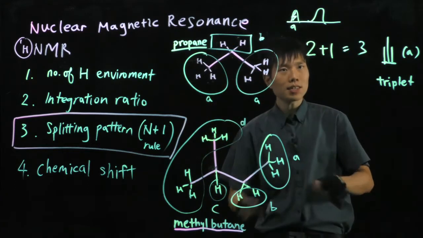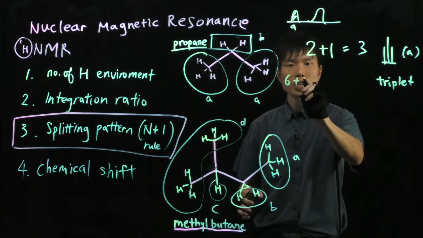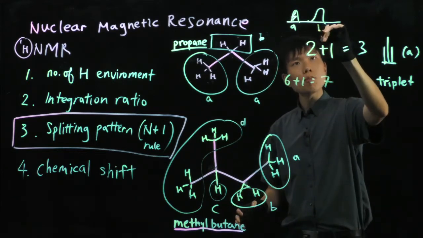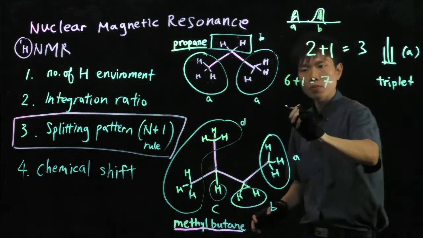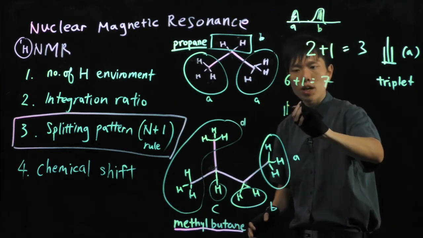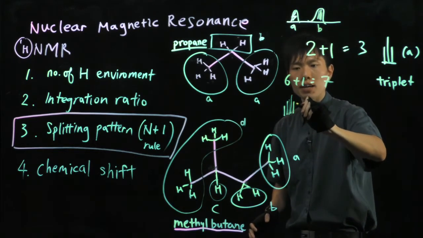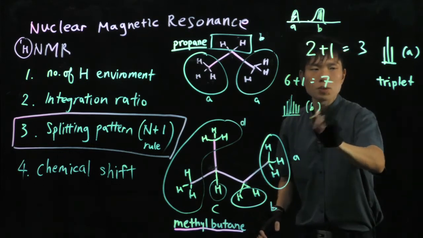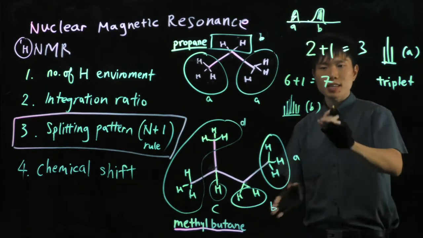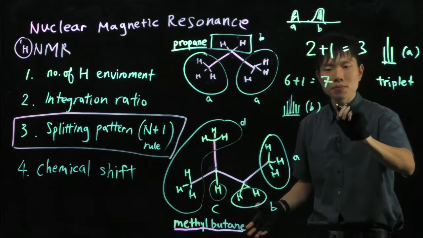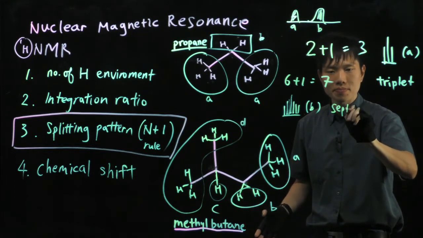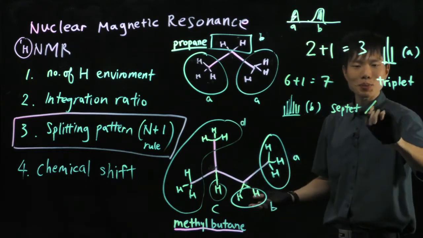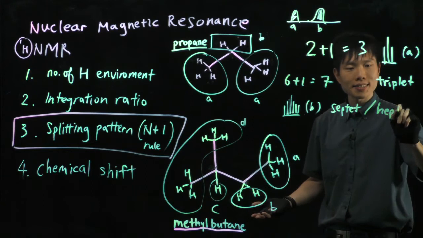So using the same method, I write 6 plus 1, I get 7. So that means the peak for B, you see 7 fine lines. 1, 2, 3, 4, 5, 6, 7. For signal B, 7 in NMR will be called a septet. Or in other cases, people can call it a heptet.